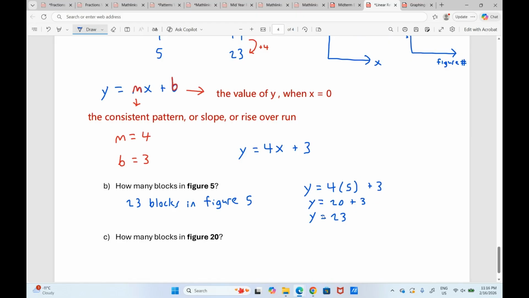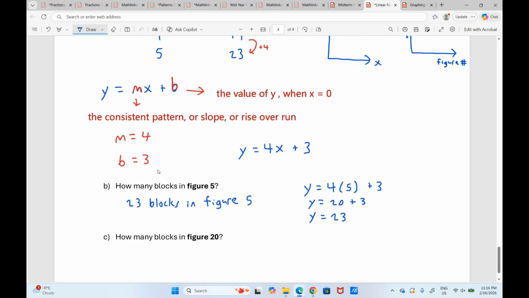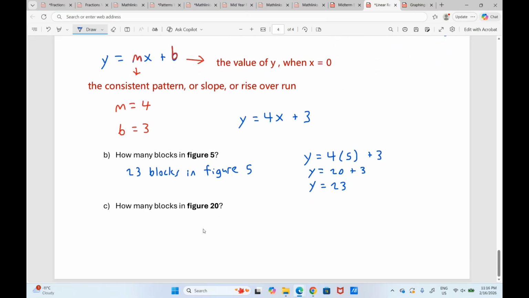But notice how when I use the equation, it's more useful if I have a very large figure number and I don't have to count using a table of values now. So let's look at figure number 20. In this case here, I'm going to use 4x plus 3 again. However, my x becomes 20. So now I have 4 times 20 plus 3.